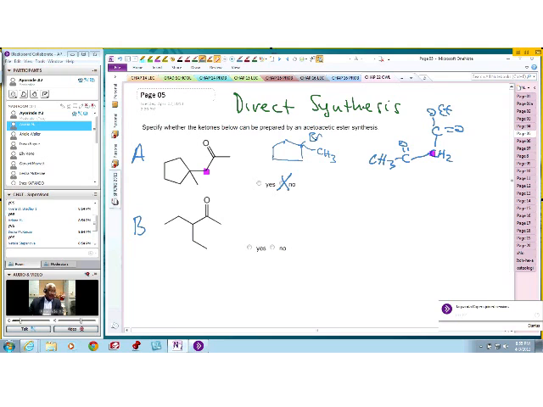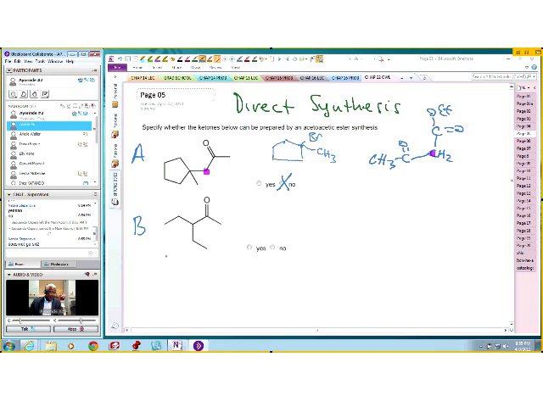Why? Does anybody know why that will not work? It does not go exactly because a tertiary carbon will not undergo an SN2 reaction. So that is why this is no right here.